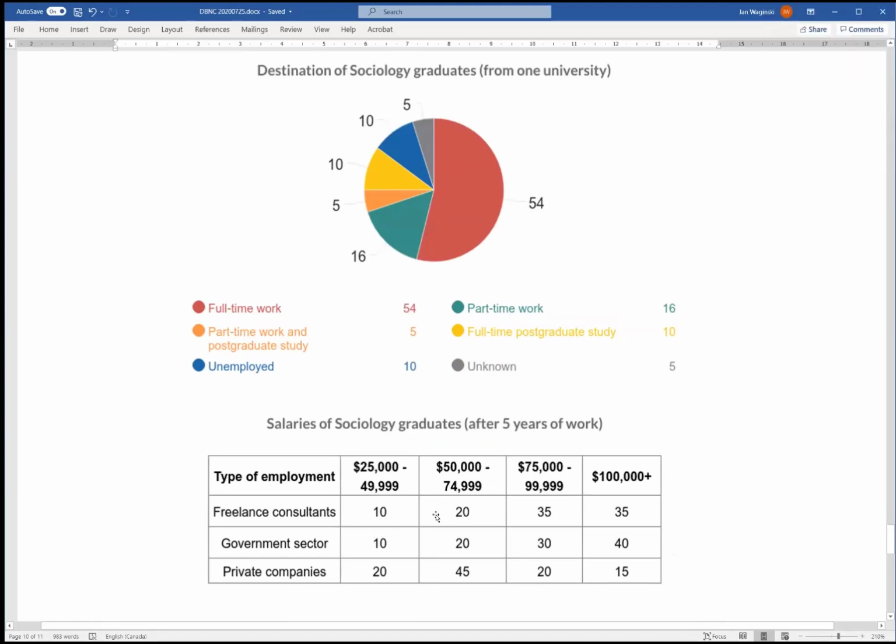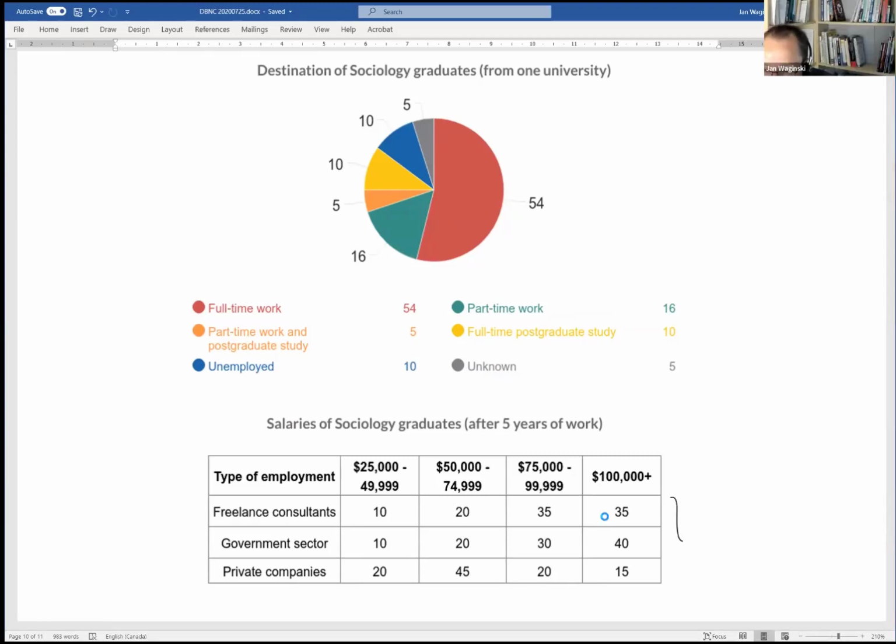Okay, and these are percentages. Okay, you'll notice that these are percentages and they add up to 100 in every row. Okay, so columns are up and down, rows are across.